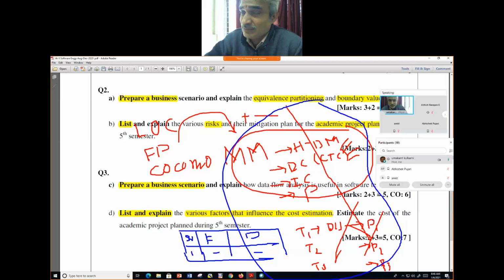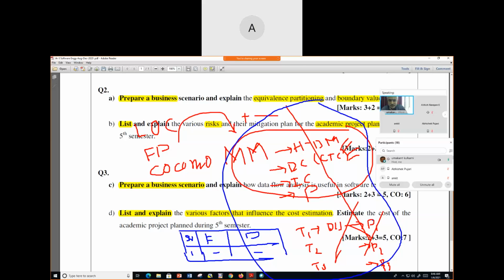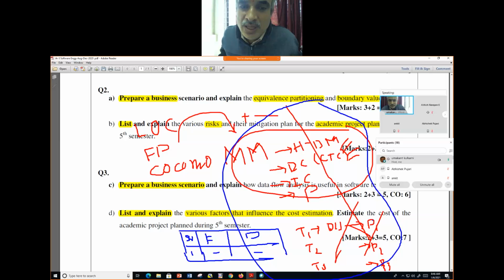Ankit, on the 21st you have been called, no? Yes, sir. On that day everyone must report. We will keep attendance here. Everyone must sign and start doing your laboratory, getting connected with your course teacher. If anybody doesn't come and do the lab, they have to re-register. That is the rule.